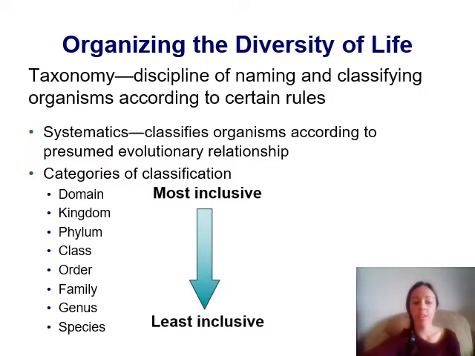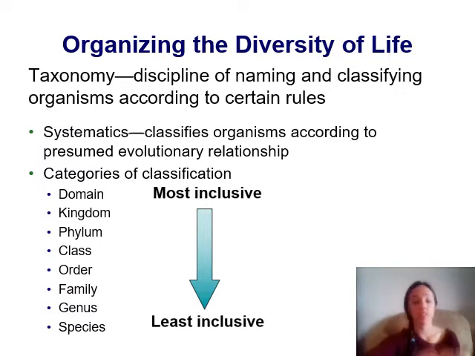As you can tell by the slide, these groups go from inclusive to exclusive. That just means that there are going to be more animals and plants within the domain grouping, and as you go down the list, there are going to be fewer plants and animals within each group because they start to split according to those shared characteristics or evolutionary lineages.